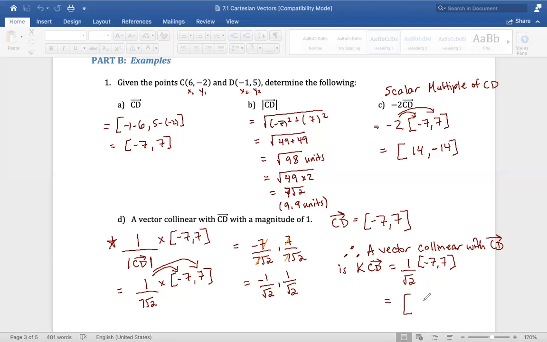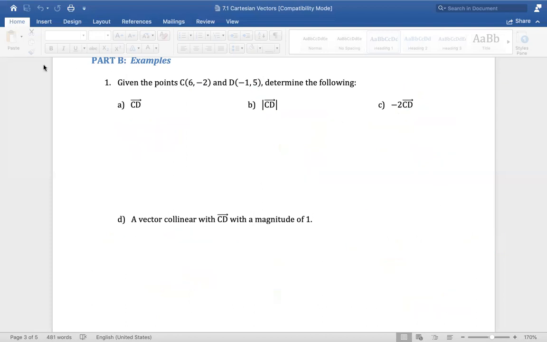My horizontal component would be negative 1 over square root of 2 from here to here, and 1 over square root of 2, which would be from this step to this step. So that would be the horizontal component, and that would be the vertical component of a vector that would be collinear with CD. Okay, so moving on to, I said I would do 2.